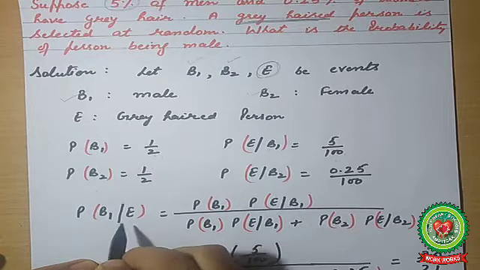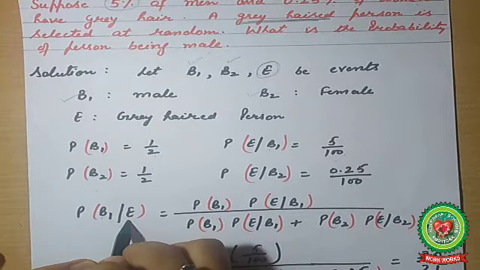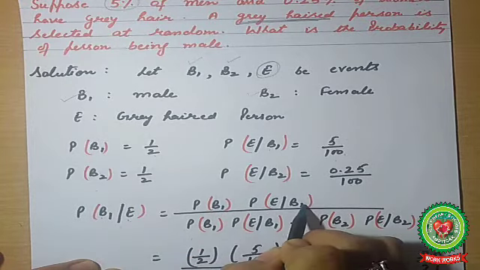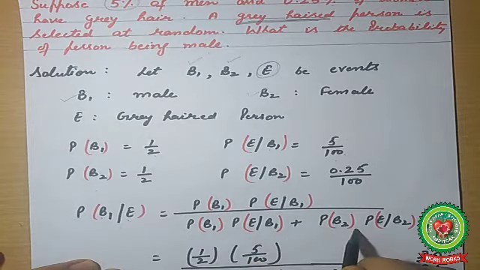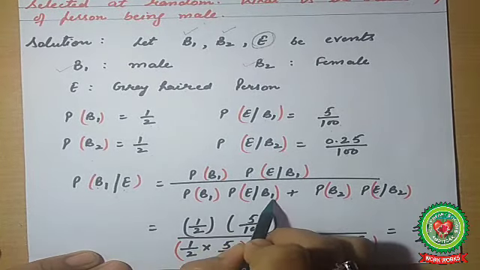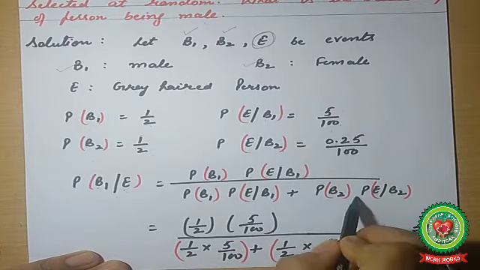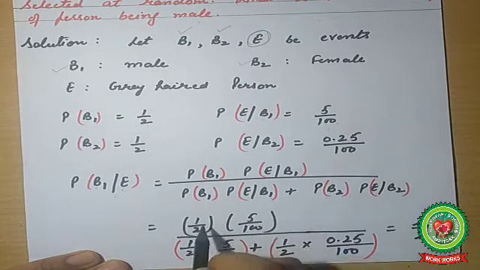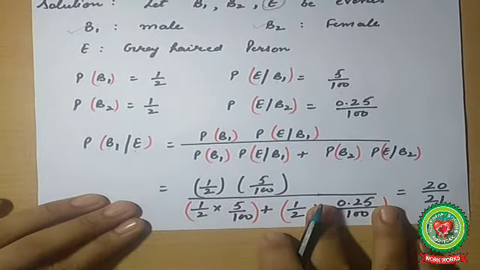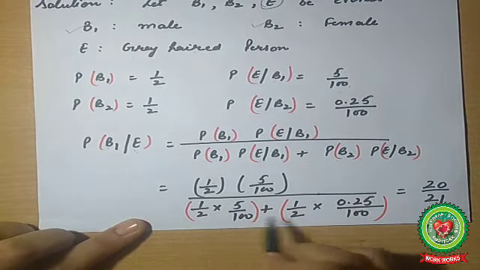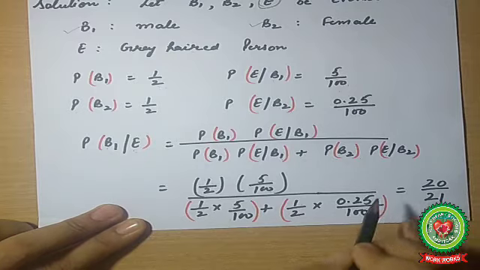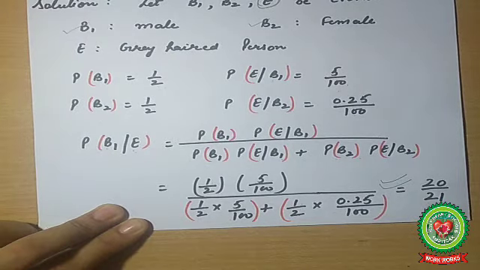This is the probability: P(B1) into P(E with condition B1), and the same total probability is in the denominator: P(B1) P(E with condition B1) plus P(B2) P(E with condition B2). That is 1 by 2 into 5 by 100, divided by 1 by 2 into 5 by 100 plus 1 by 2 into 0.25 by 100. When we solve it, it will be equal to 20 upon 21.